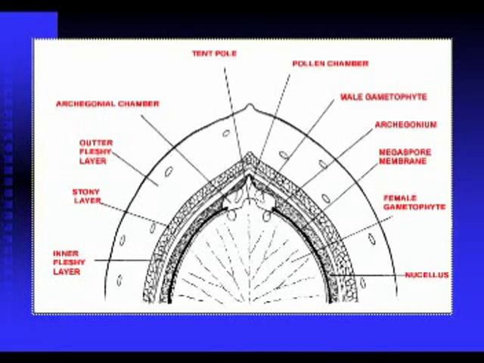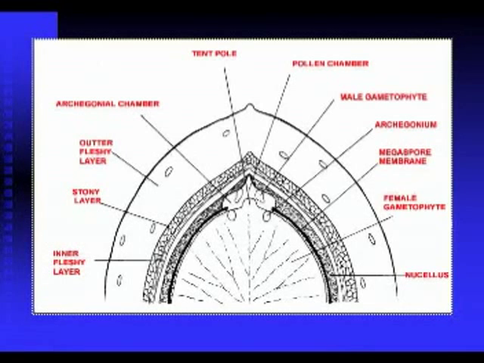That means the Ginkgo biloba plant is derived from a plant having microsporangiophores with more than 2 microsporangia, like Baiera. Each ovule consists of a single integument, differentiated into 3 layers.